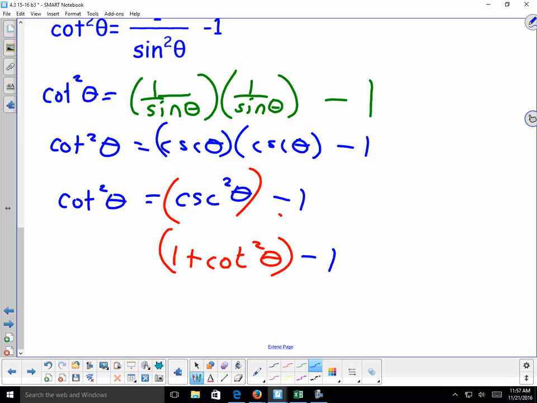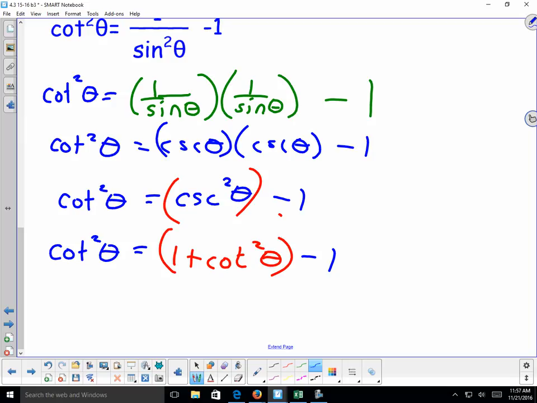And we still have minus 1, and we're still trying to show that this is equal to cotangent squared theta. We're going to use whatever identity. It's kind of like the identities are like the tools in your tool belt, and you're going to just pull out whichever one you need for that particular job.